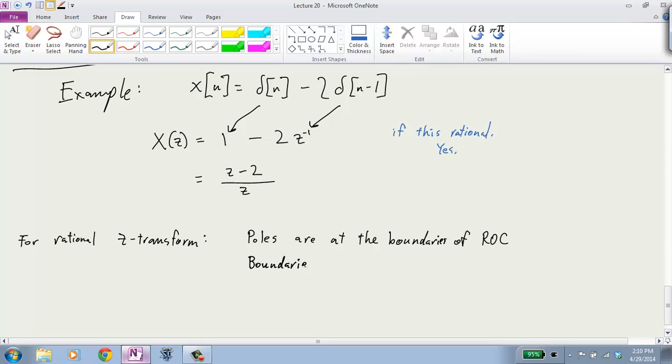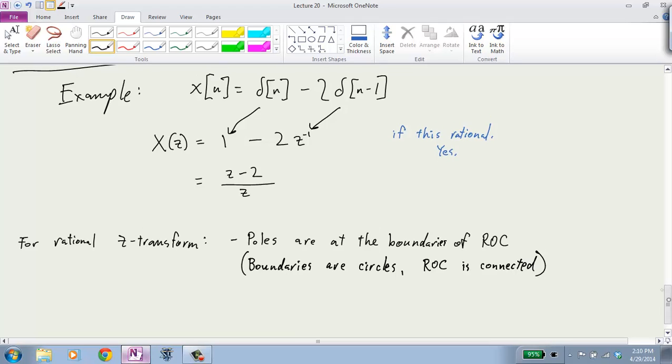That's always true. And we know that the ROC is connected. I'll put these in parentheses because these last two things are true for any z transform. But that top one is what's important about the rational z transforms. You just need to know where the poles are, and you know the options for regions of convergence.